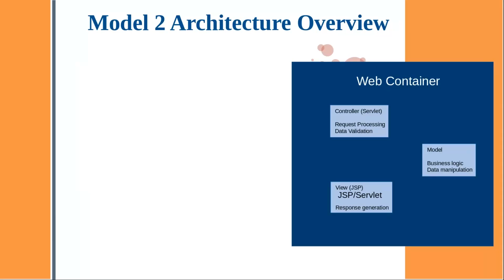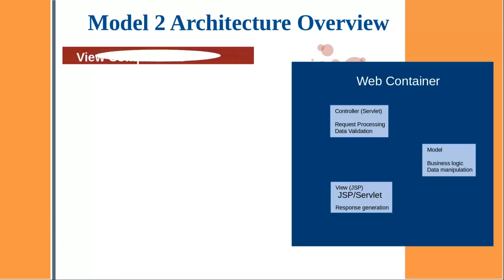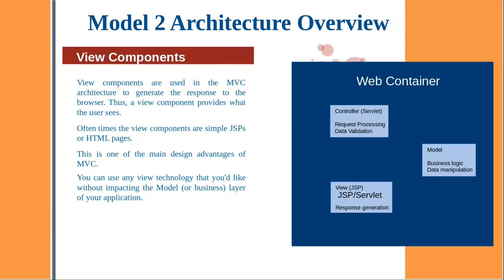Now we come to the view components. The view components are used in the MVC architecture to generate the response to the browser. Thus, a view component provides what the user uses. Oftentimes, the view components are simple JSPs or HTML pages, and this is one of the main design advantages of MVC.